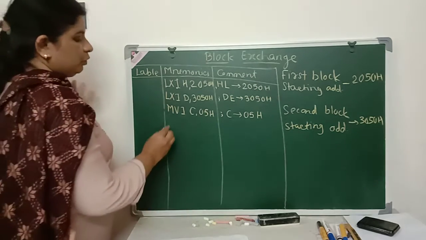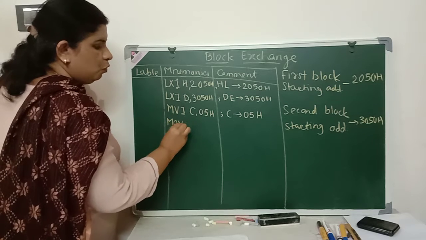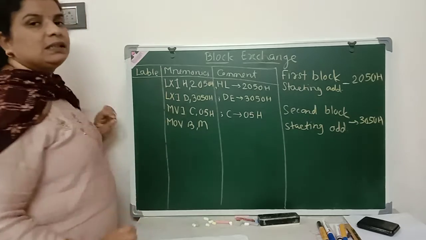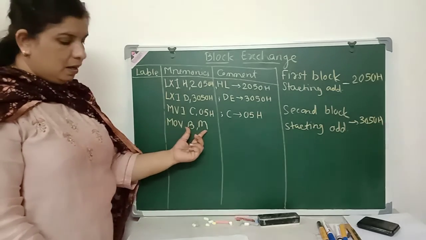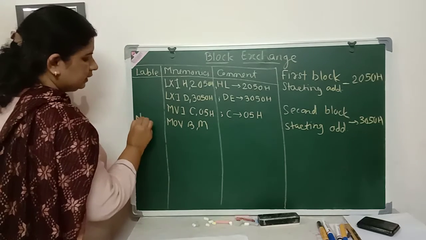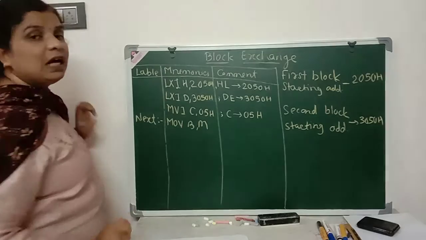So the next instruction I will write here, see carefully: MOV B comma M, and I will give the label for this as NEXT. Why NEXT? I will tell you afterwards.